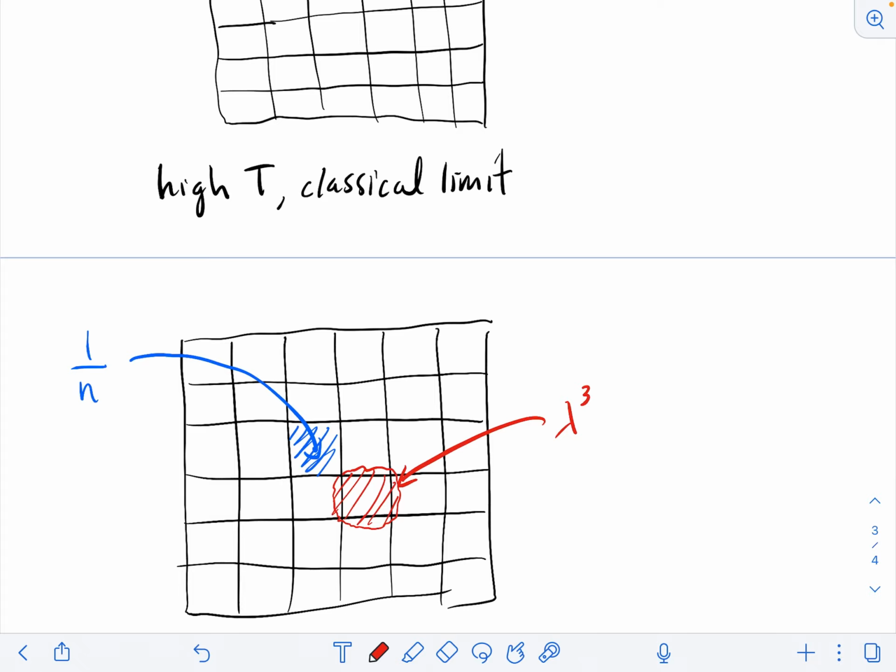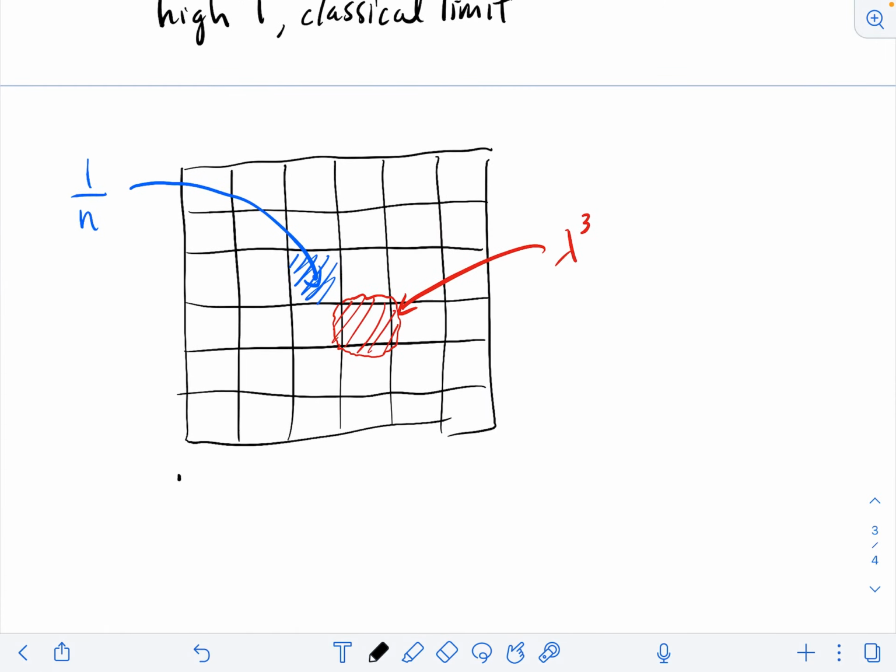And so this is the low T or quantum limit. And so what happens is that there's this crossover where the spatial extent of the wavelength increases beyond the space available per particle, and that means that the wave functions of adjacent particles will start to overlap.